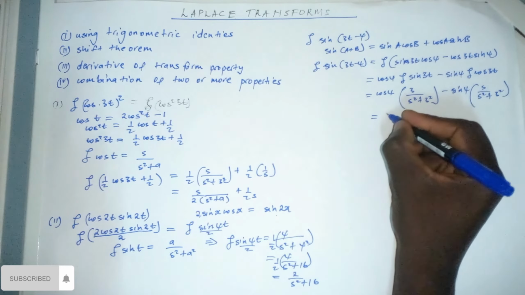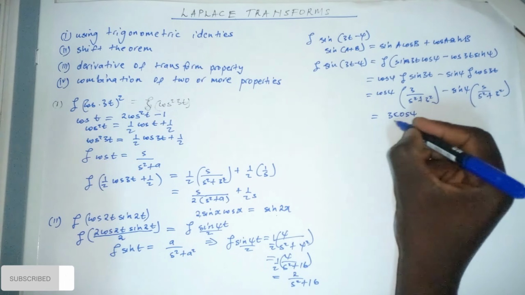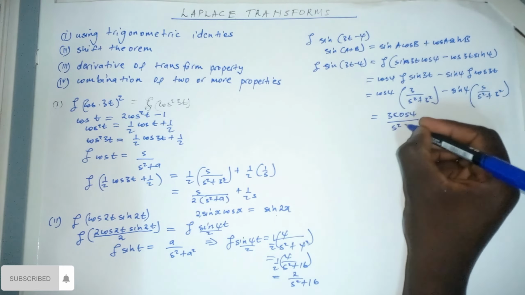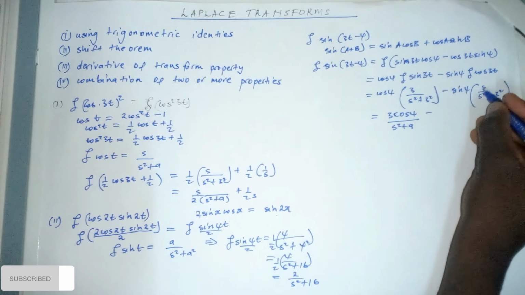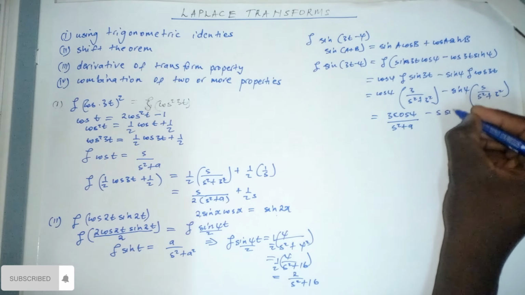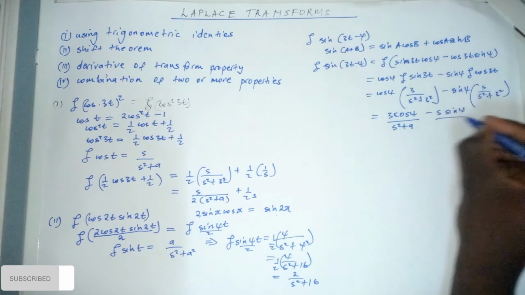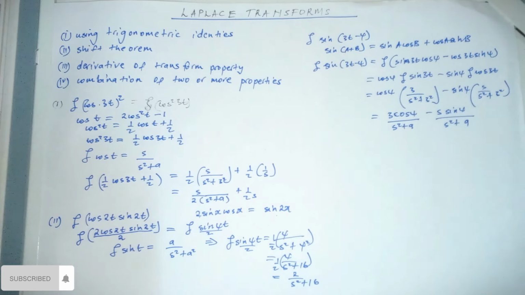Okay, and I'm going to be left with 3 cos 4 over s squared plus 9 minus s sine 4 divided by s squared plus 9. So now we're done on Laplace transforms using trigonometric identities. Now we're moving on to the shift theorem.